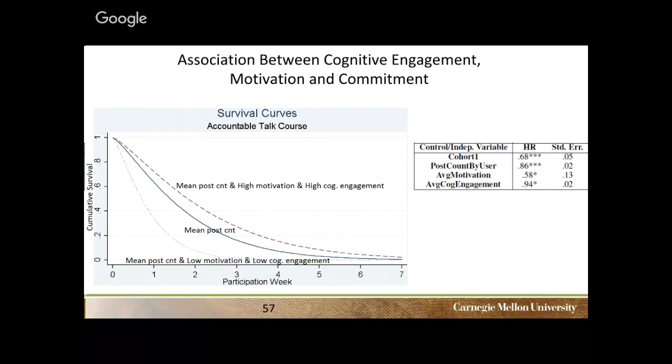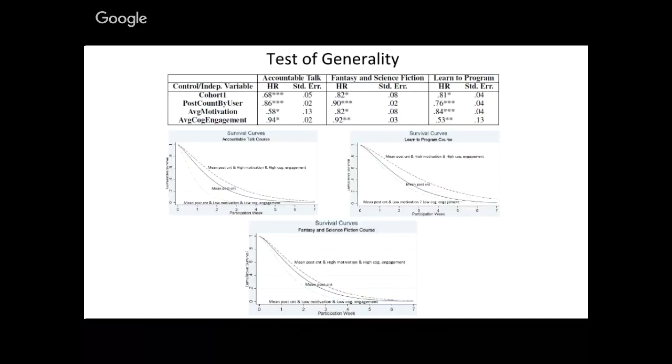So when we see less evidence of cognitive engagement and motivation, students are much more likely to drop out by the next time point, and much less likely to drop out when we see those pieces of evidence. We have done this analysis over 3 different courses, and we consistently see the same pattern.